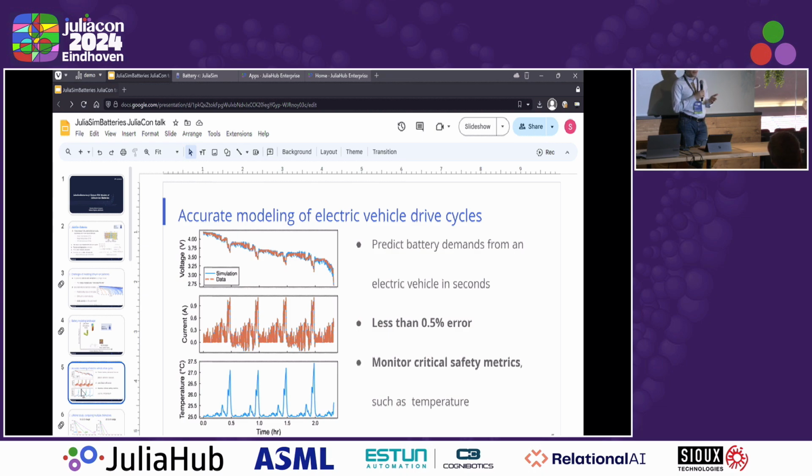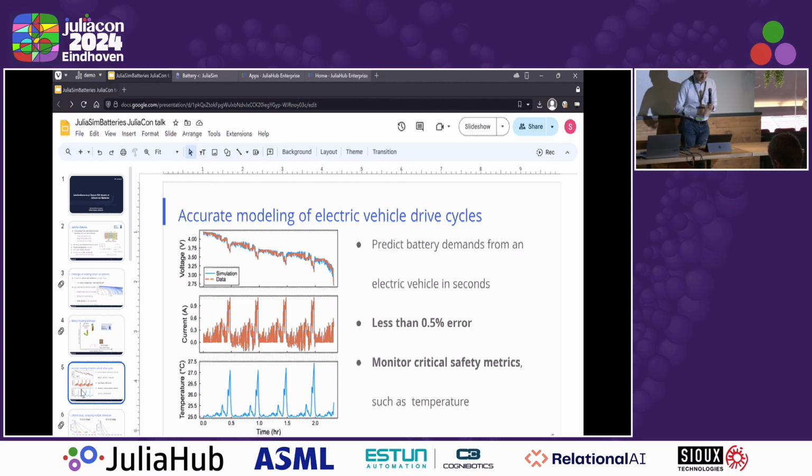It's also especially important to be able to monitor critical safety metrics, of course, such as the temperature. You don't want your battery to overheat. If you're fast charging an electric vehicle, you want to be able to monitor the temperature and be very sure that it's not going to overheat, and you want to look at how the fast charging will affect the degradation of the battery, what happens during use.